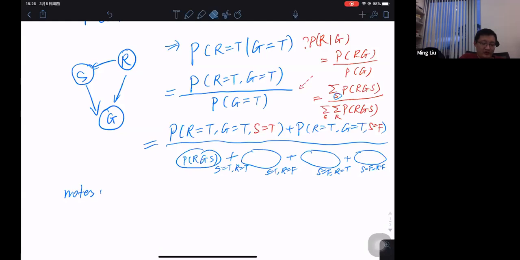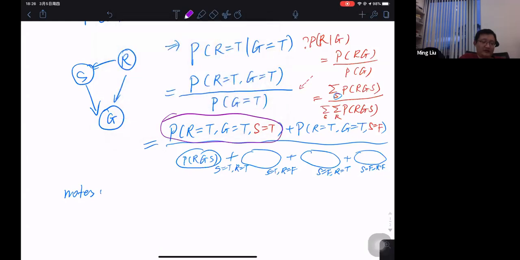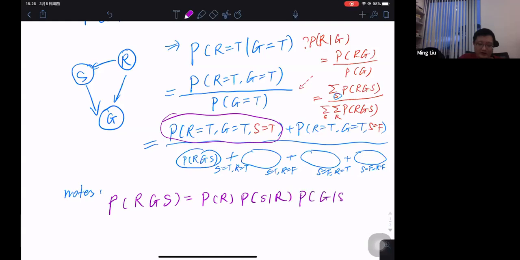For example, this one has R, G, S. Basically, we use the joint distribution, so you have P of R times P of S given R times P of G given S and R. Where do you get these numbers?